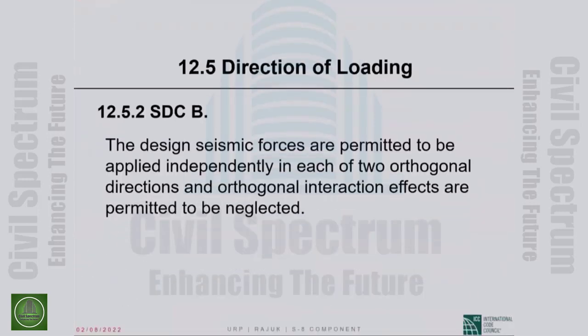Okay, let us look at the orthogonal effects as they're called. The fact of the matter is that an earthquake can hit from any direction. It is not constrained to strike your building along the principal plan axis, obviously. At the same time, if you have design category B, the design seismic forces are permitted to be applied independently in each of two orthogonal directions, and orthogonal interaction effects are permitted to be neglected.